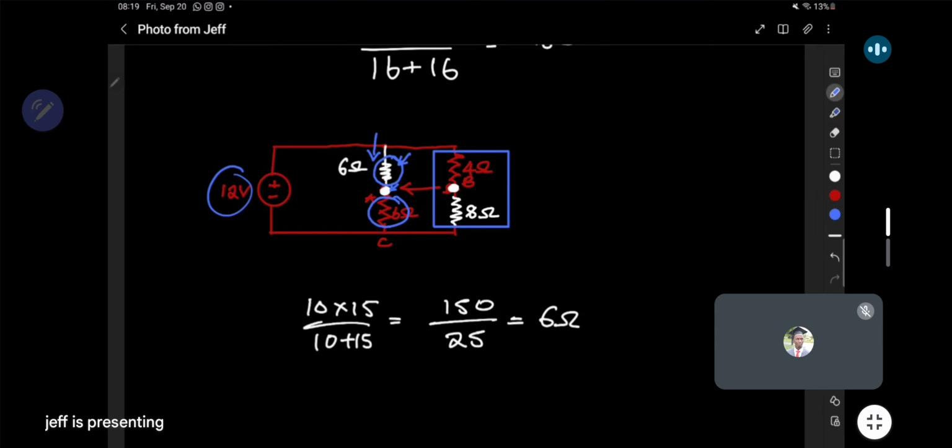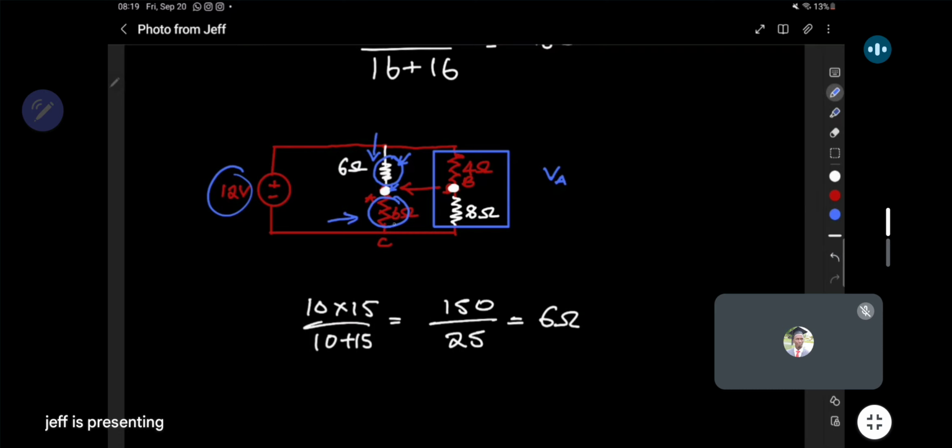We could have also used voltage division. Since along this line, this is connected parallel to a 12-volt supply, VA, the voltage at A, is basically the voltage that goes towards that last resistor.